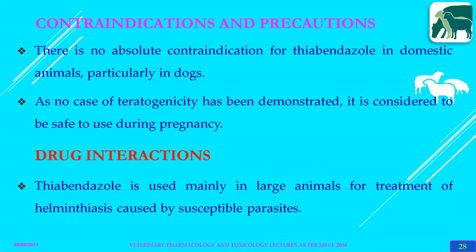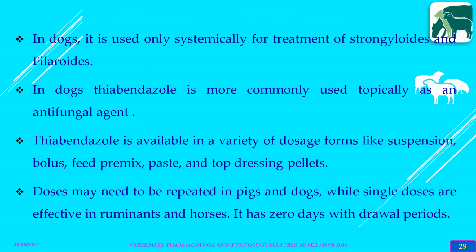But the side effect is rare. As for drug use, thiabendazole is used mainly in large animals for the treatment of helminthiasis, especially strongylosis, which is caused by several blood-sucking parasites.